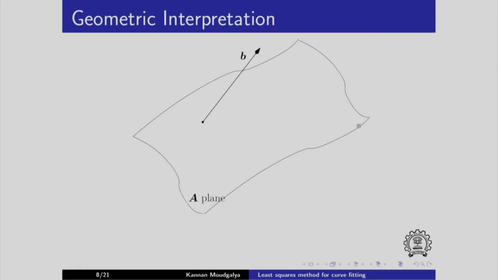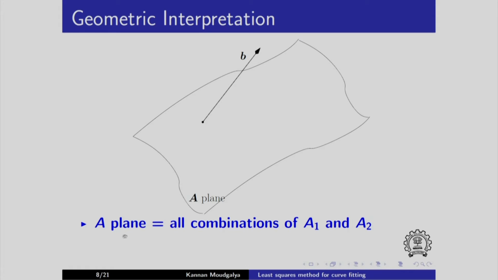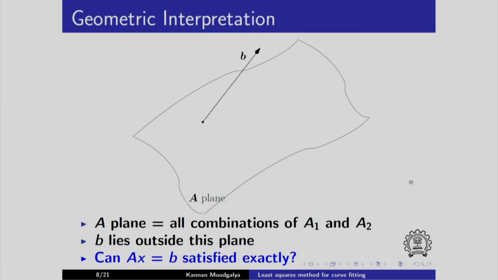Here is the A plane, the plane that we had on the previous slide, and this is a three-dimensional vector that lies outside this plane. So I call this the A plane, all combinations of A1 and A2 vectors. B lies outside this plane. So can we satisfy Ax equals b exactly?